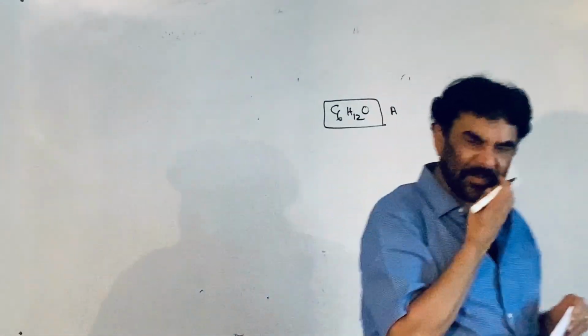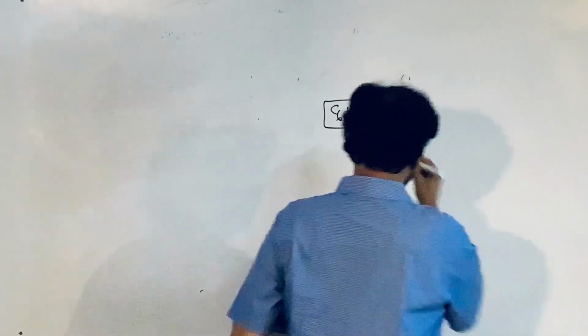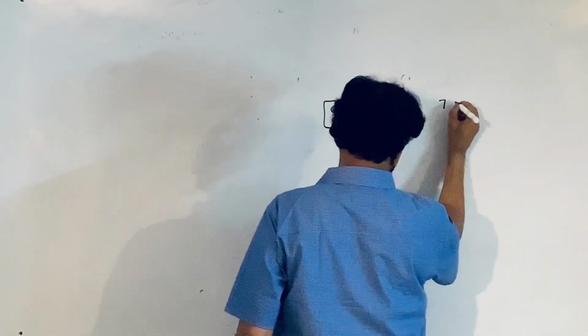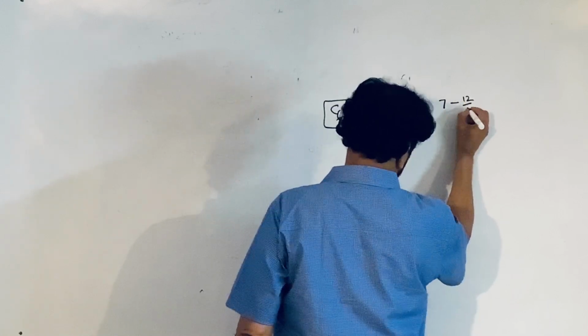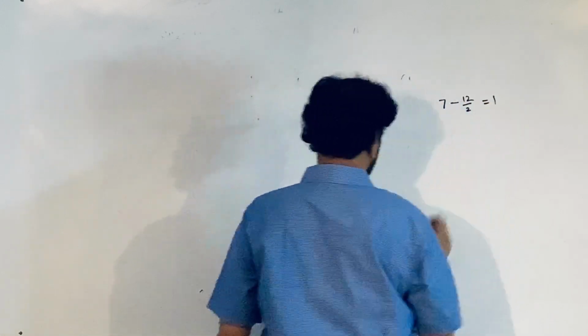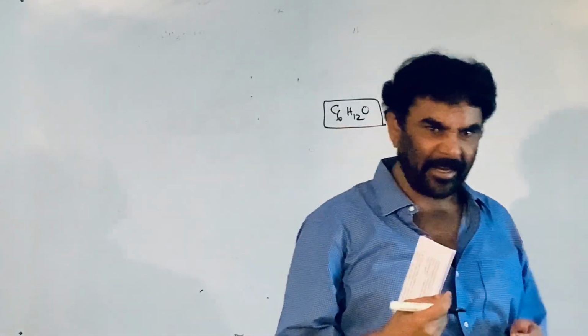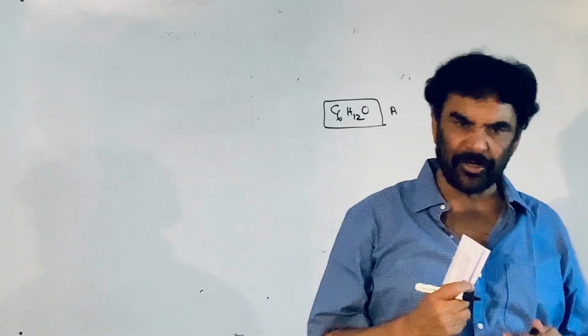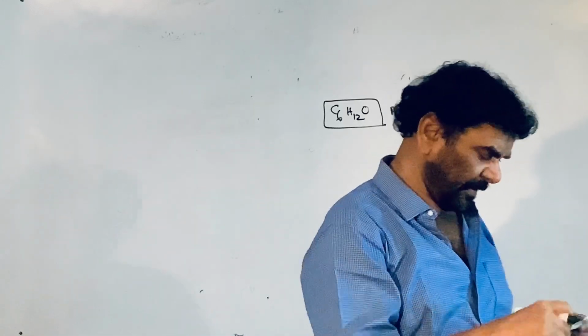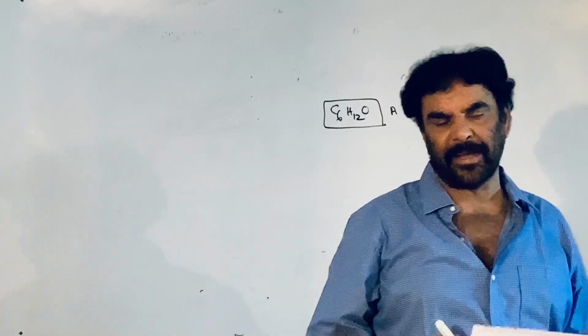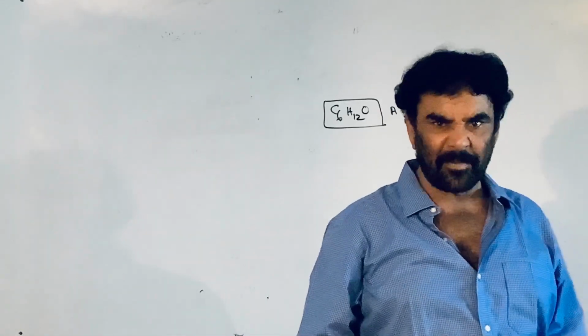See, here you check the degree of unsaturation: 6 plus 1, 7, minus 12 by 2, 6, is equal to 1. So with one degree of unsaturation, there must be a ring or a pi bond. It reacts with sodium bisulfite, which is a property of carbonyl compounds.